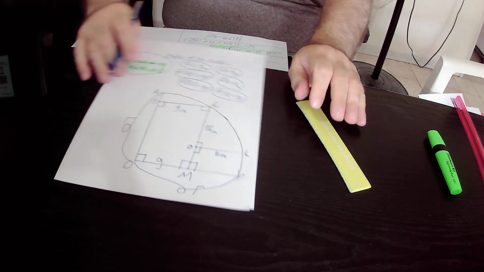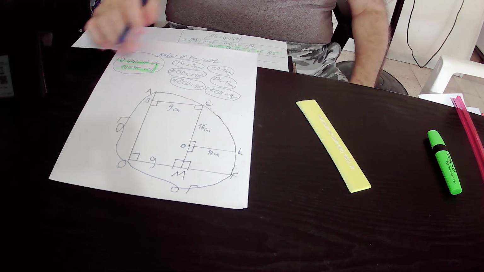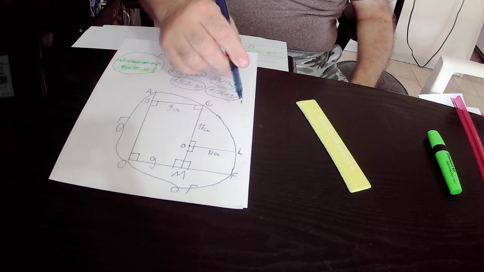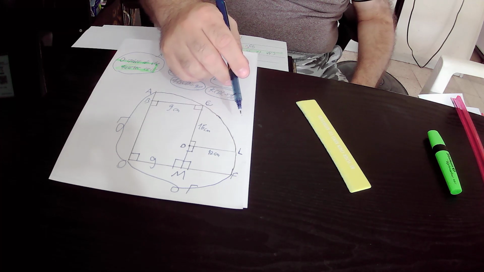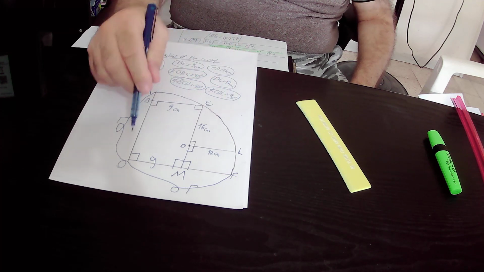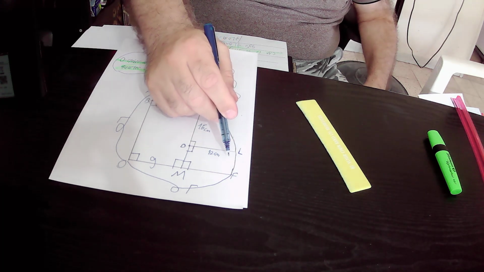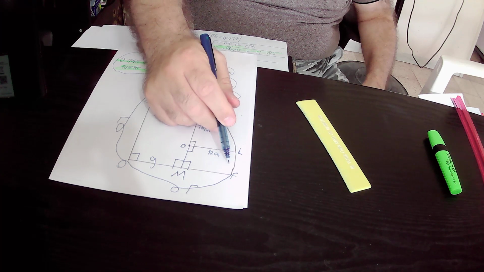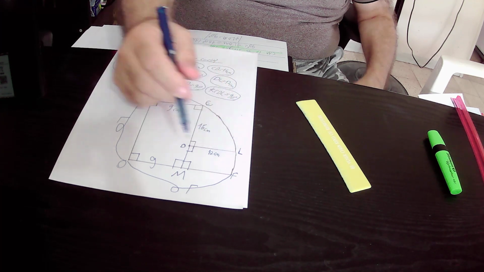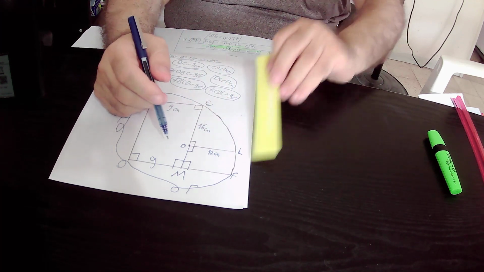In the next step we will do a construction from point L. We'll draw a perpendicular on the radius OF.